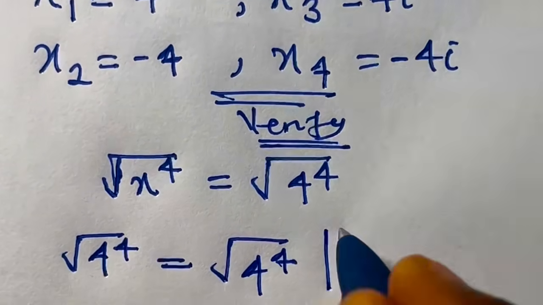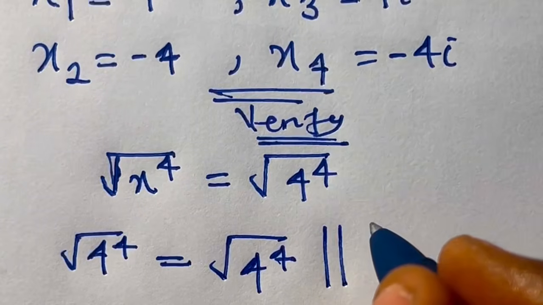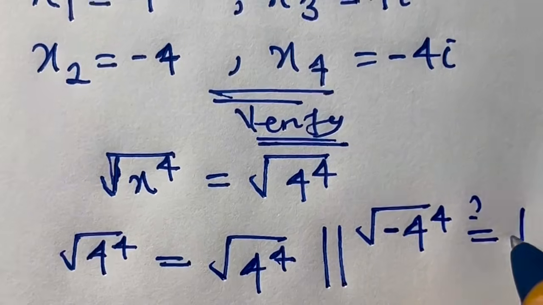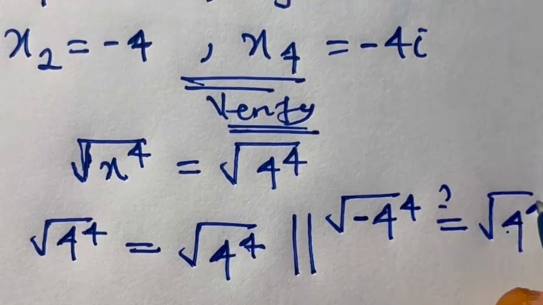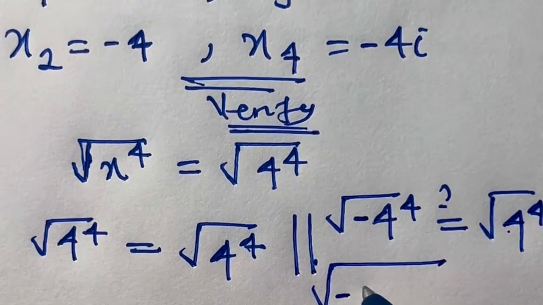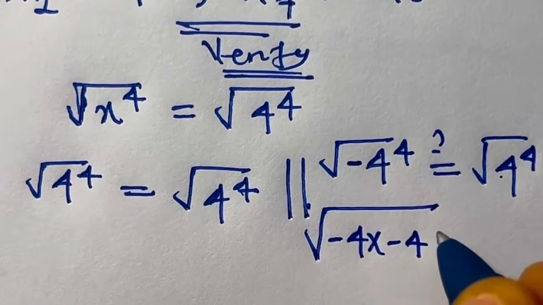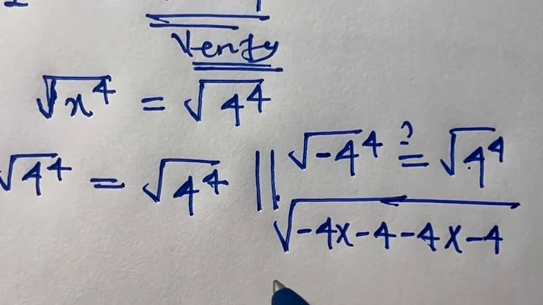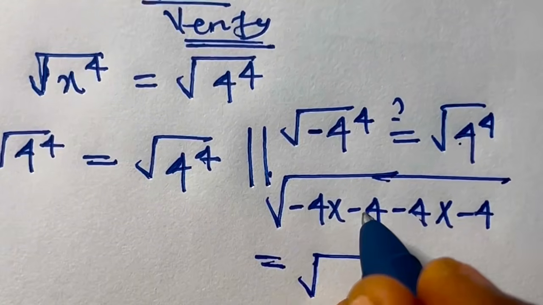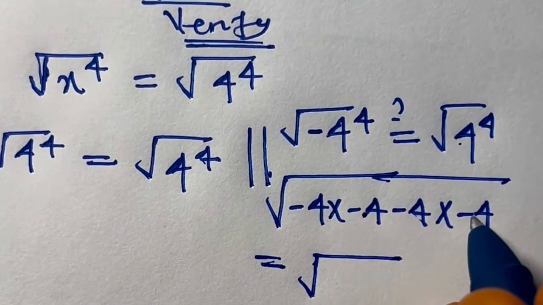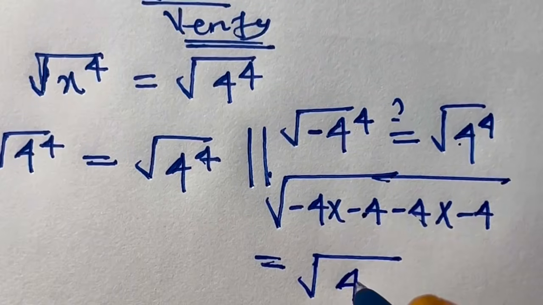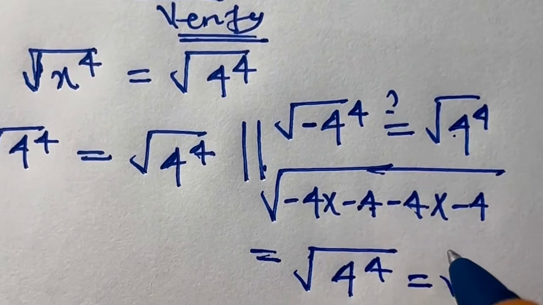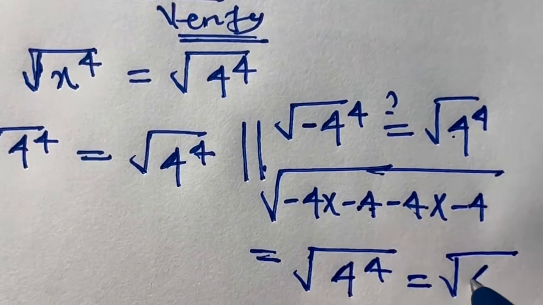The same thing applies if you use minus 4. What we are going to use here is minus 4 times minus 4 times minus 4 times minus 4. You observe that minus times minus is plus, plus times minus is minus, minus times minus is plus. So we have 4 raised to the power 4, which is also equal to 4 raised to the power 4.